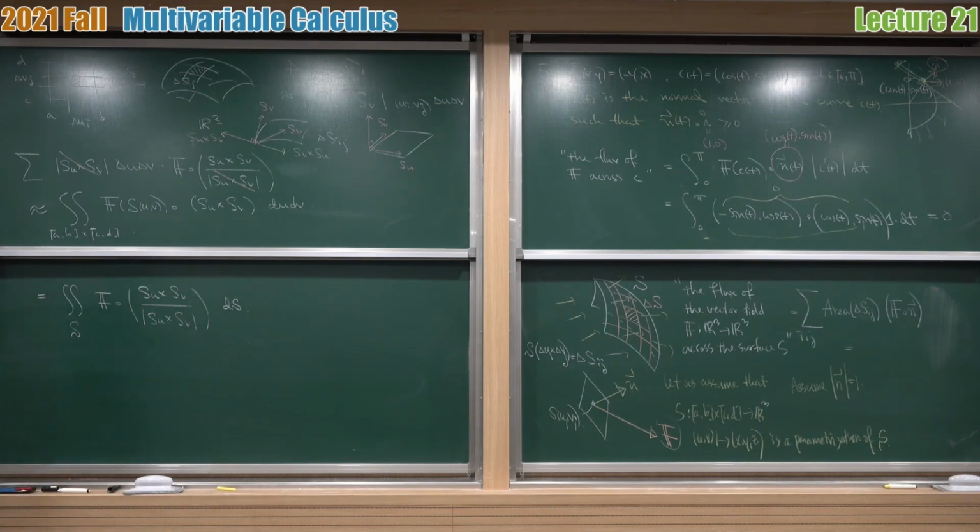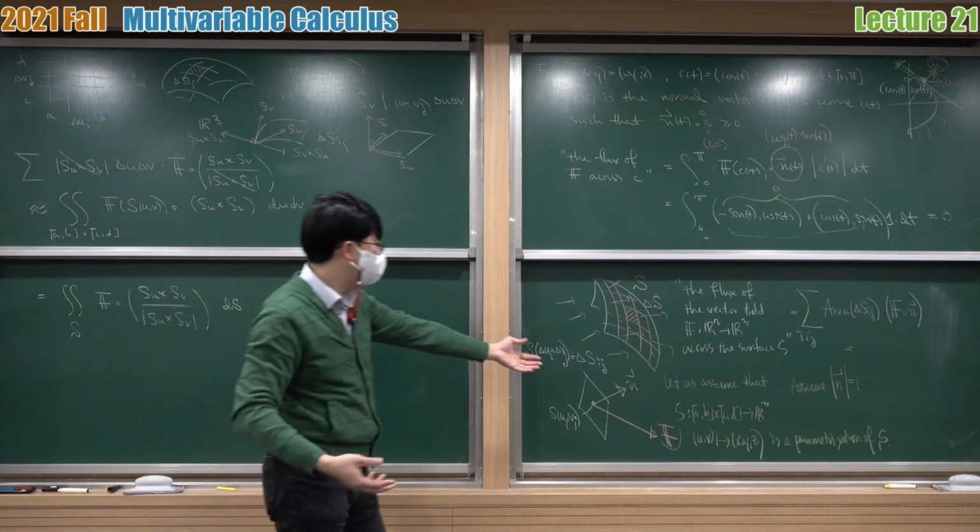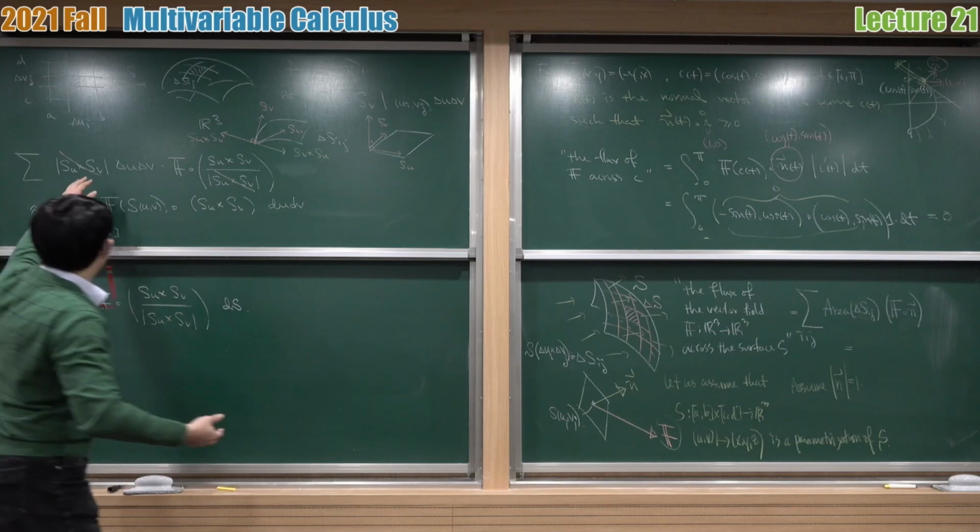When we define the surface integral in this way, we needed this factor, right? If you use the formula of the surface integral with the parameterization of a surface in terms of u and v, this factor appears.